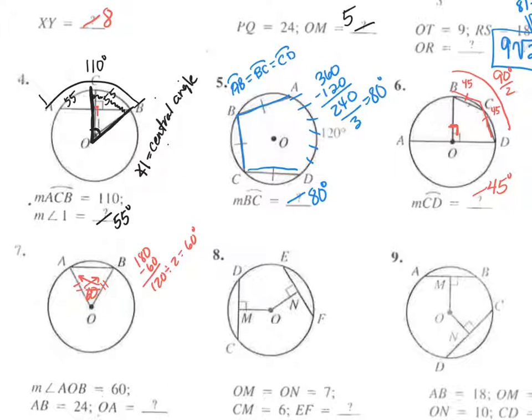We've got an equilateral triangle. Equilateral triangles are also equiangular. Okay? So if all my inside measures are 60, that means that AO, AB, and BO are all the same length. So if AB is given to be 24, then that means the radius must also be 24.